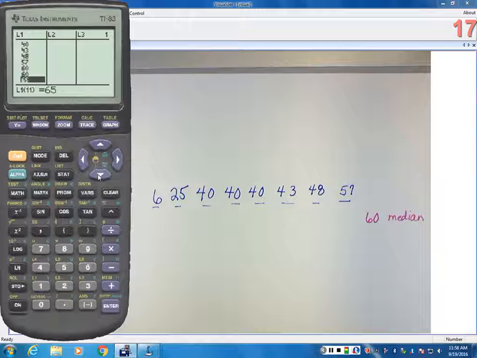Then I'm going to list the other set of data values, and I'm going to start going backwards now.